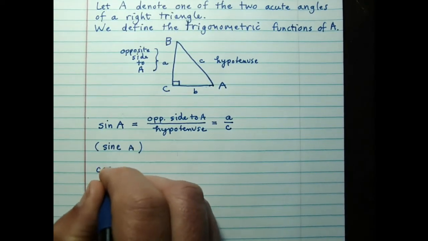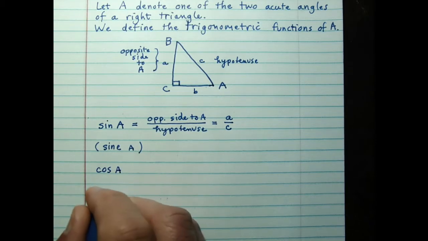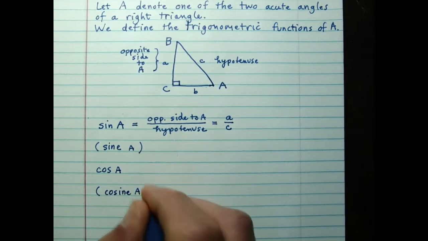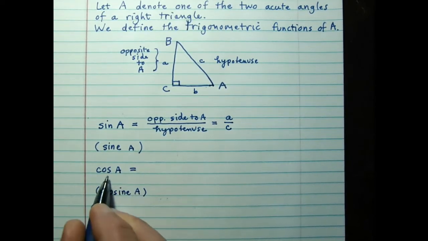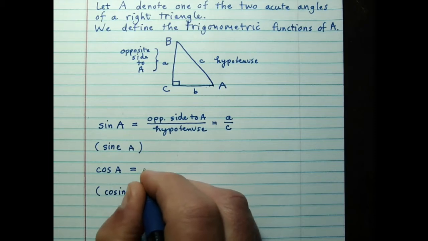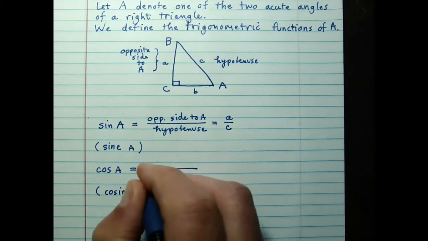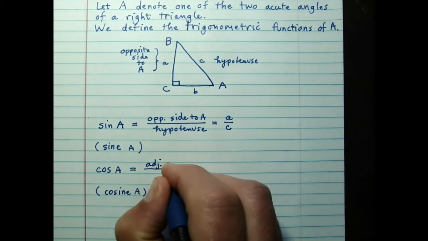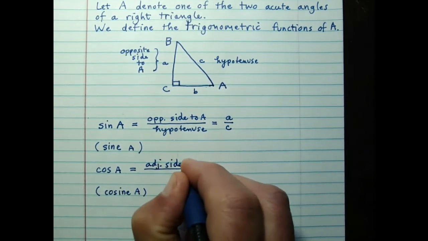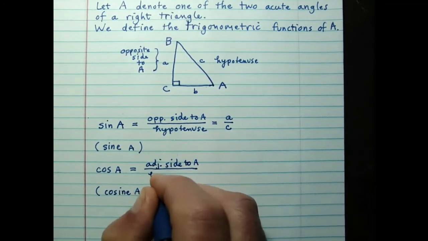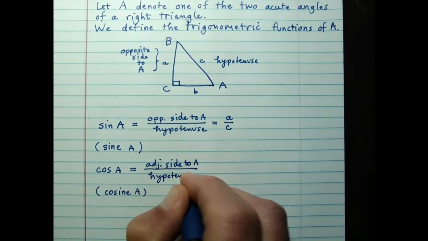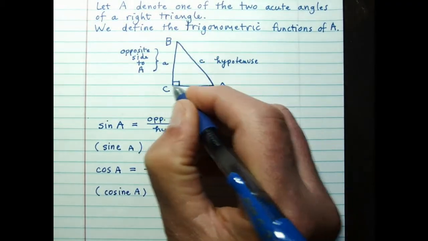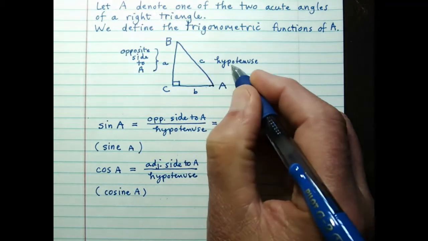Our second trig function is called the cosine of A. There's the word cosine, which we abbreviate as just COS A. And that's also a ratio of two sides. It's the adjacent side to A divided by the hypotenuse. Now, angle A has two sides to it, right? But one side of angle A is the hypotenuse.